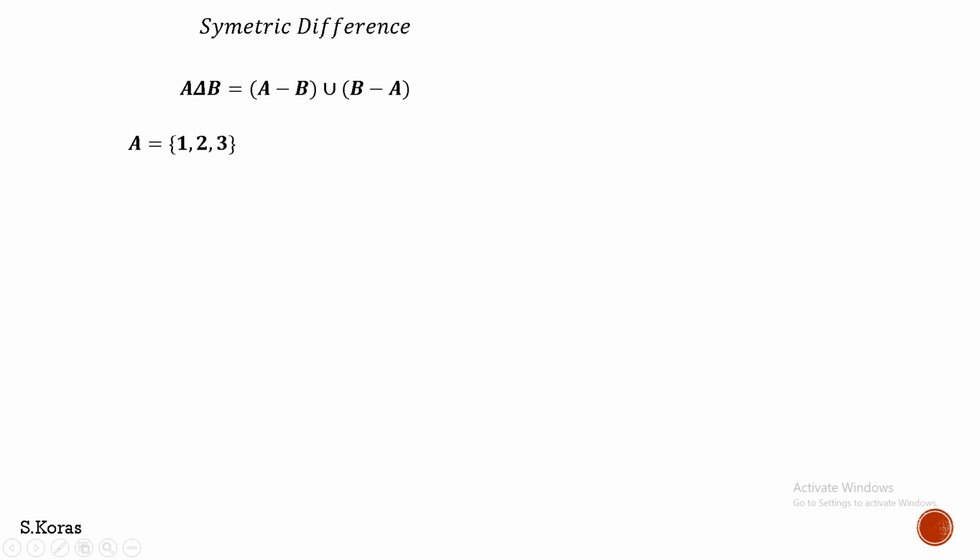Set A is equal to 1, 2, 3, set B is equal to 3, 4, 5. So if you try to find A difference B, just do like this. Take and write A set because A is in the front. Then write difference, then write the B set.